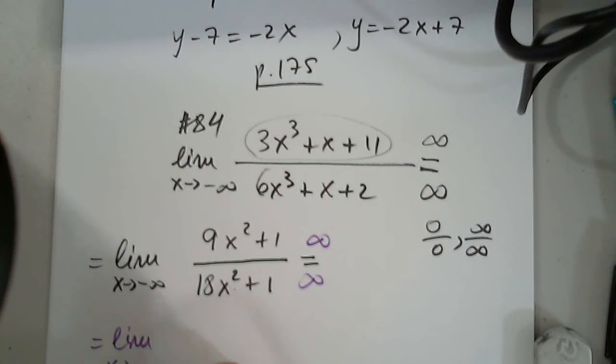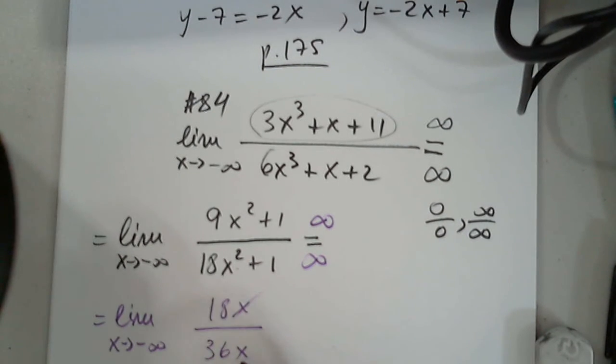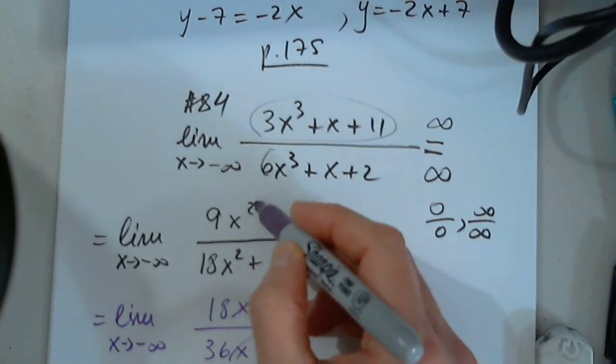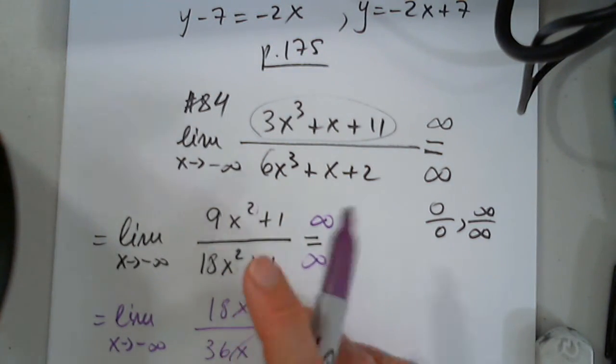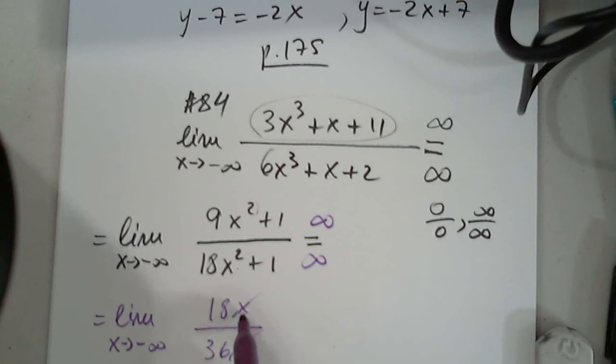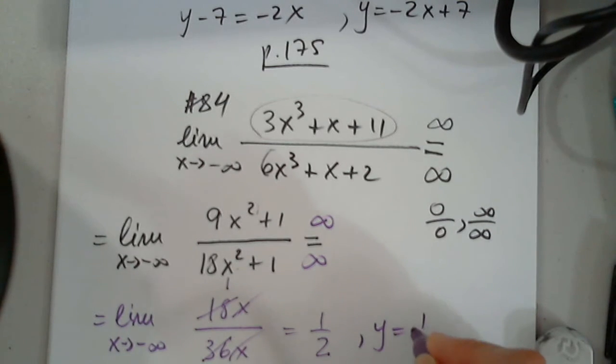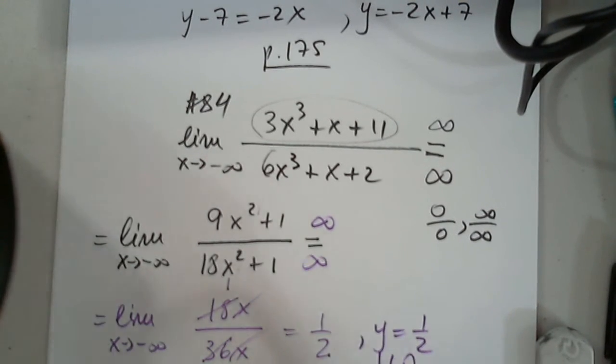Limit as x approaches negative infinity, the top is 18x, the bottom is 36x. Simplify the x's now. I could not do it here. So please do not simplify one x from the top with an x from the bottom. They are not factors. But here they are factors. And now I simplify 18 with 36, and the answer is 1/2. And then y equals 1/2 is a horizontal asymptote.